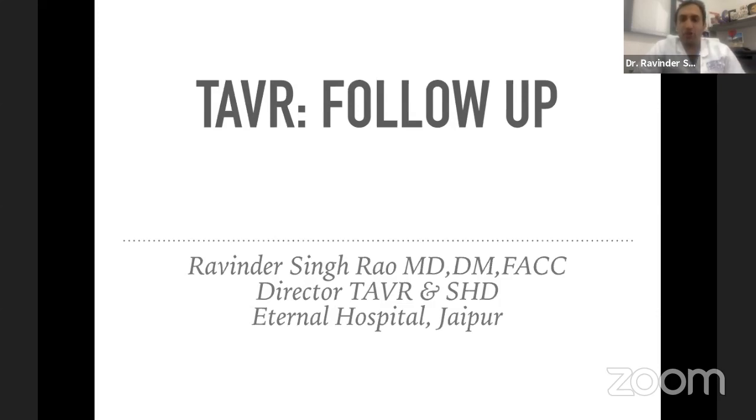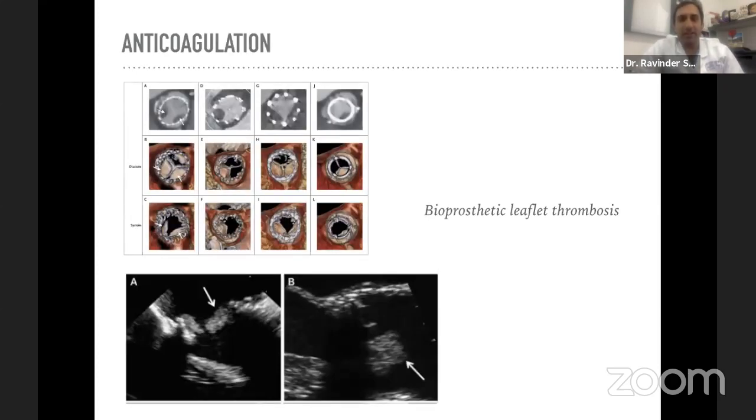As you all know, the most important thing for a patient who has undergone a valve replacement is anticoagulation and antiplatelets. At present, anticoagulation is not indicated for transcatheter aortic valve replacement patients unless they have a specific indication for anticoagulation, like presence of LA appendage clot, atrial fibrillation, DVT, or pulmonary thromboembolism.